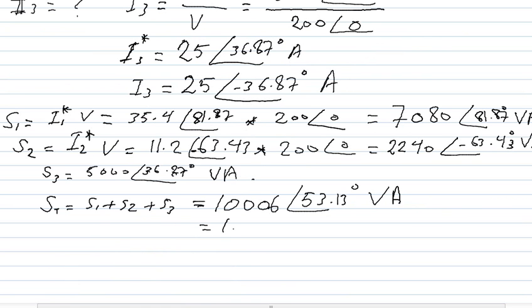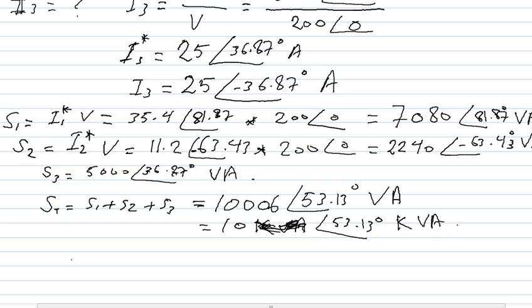We can say it's 10 kilovolt ampere with an angle 53.13 degree. You can say it like that, 10 kilovolt ampere.